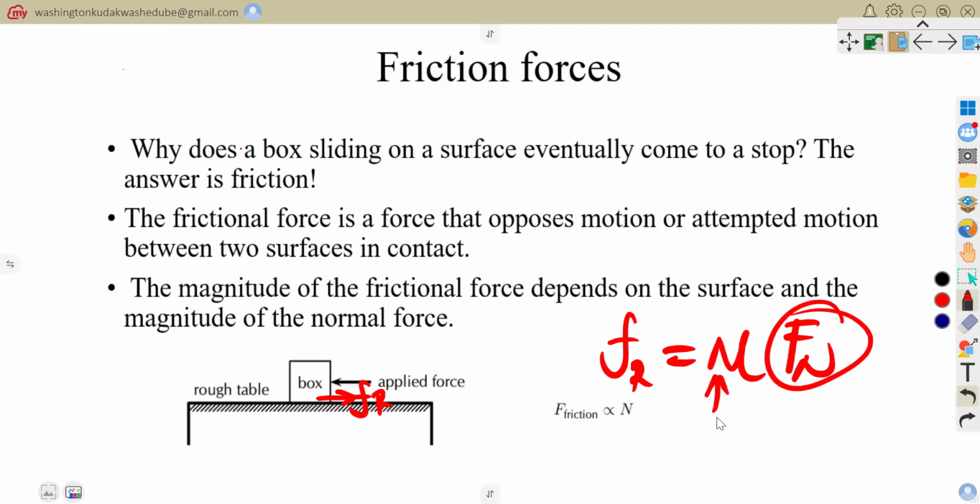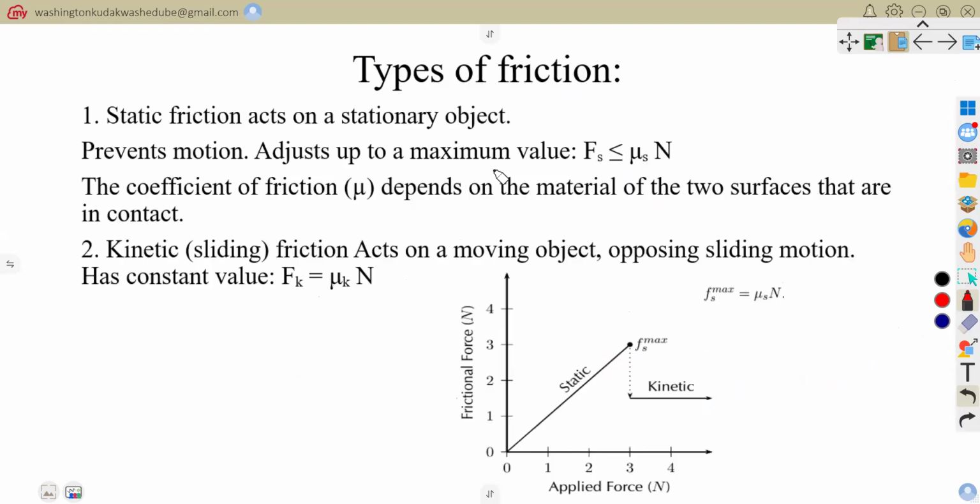This mu is what we refer to as the coefficient of friction, mu coming from the Greek letter mu. That is what we term frictional force.